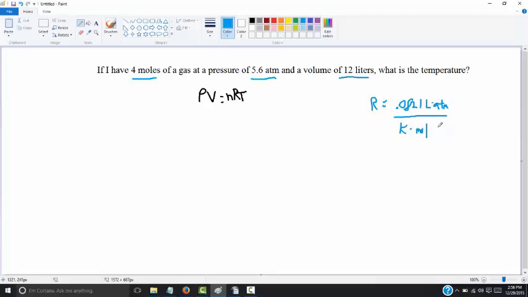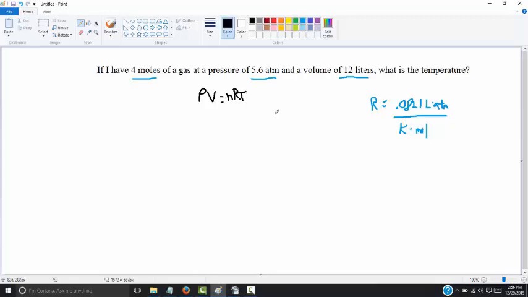If you use the wrong units, these units won't cancel out. So a good indicator of if you're doing it right or not, if you're asked to solve for temperature like we are in this question, and you come up with an answer as a measurement of volume, then you did something wrong. If you came up with a measurement for moles, that's obviously wrong. So always look at what you're given in your question and look at what you have to solve for. And then if you use the units correctly, they will cancel each other out.